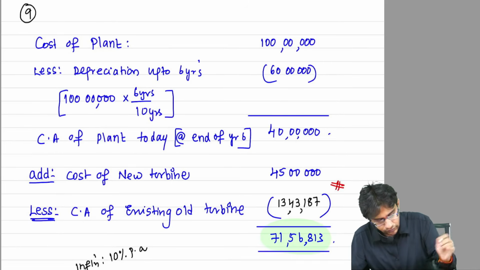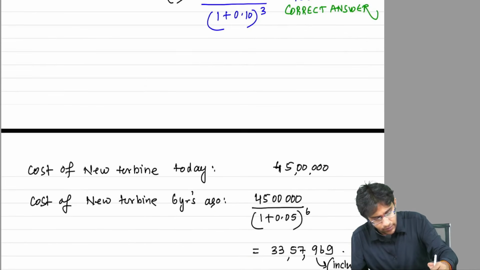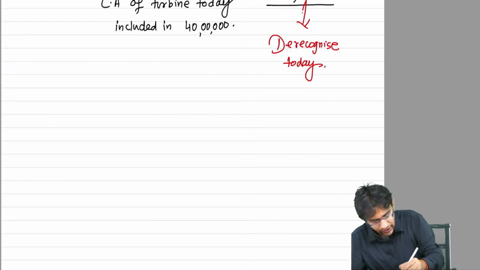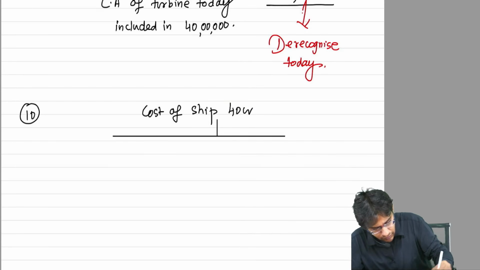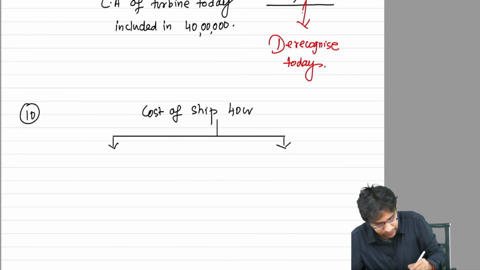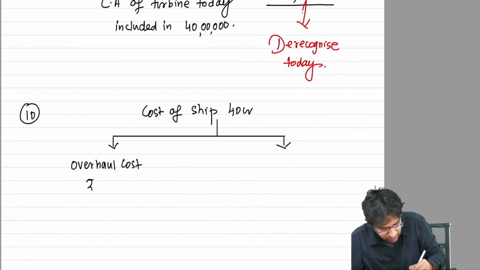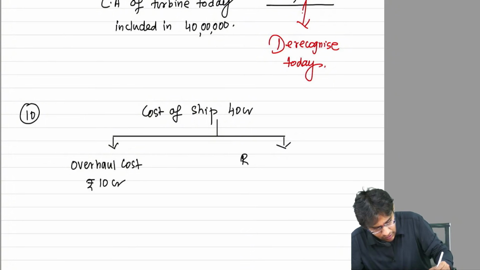So, based on what we have studied, if the cost of the ship is 40 crores, in this, major overhaul cost component is 10 crores.